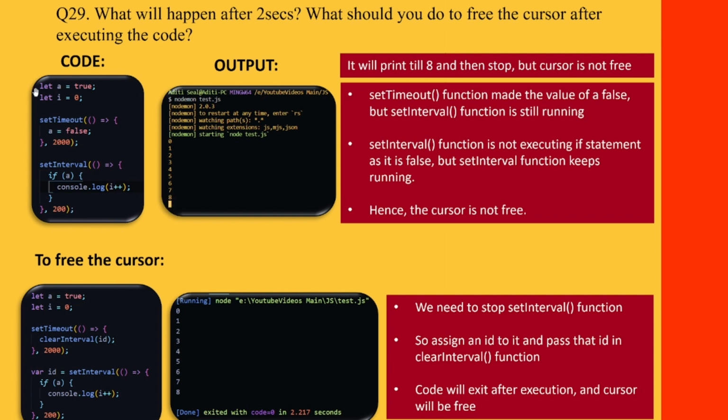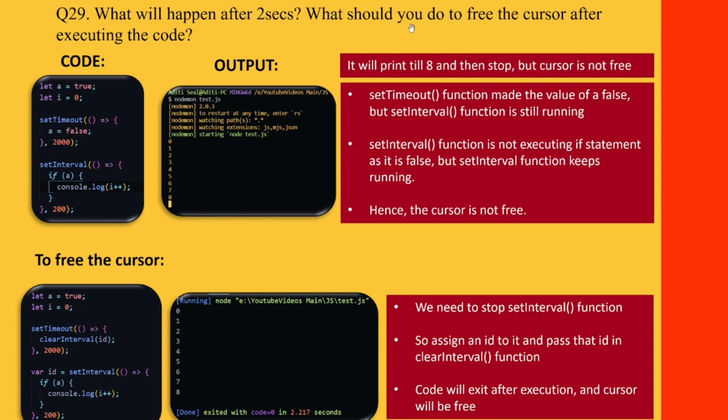And after 2 seconds, this set timeout function will be executed and then this A will be false. But here you can see the cursor is still not free. Even after the set timeout is executed, and this A should become false, still it is not exiting the loop.